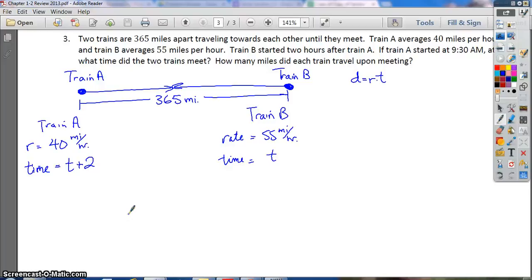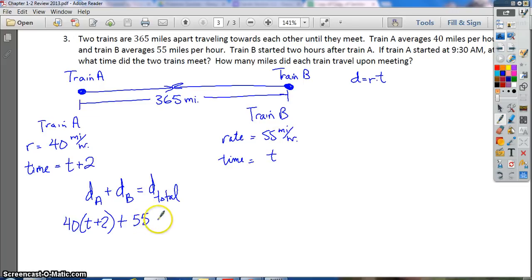Now, we know that the distance traveled by train A plus the distance traveled by train B should equal that total distance. So, distance traveled by train A would be 40 times t plus 2, plus the distance of train B, which is 55 times t. That will equal the total distance of 365 miles. Okay, so distribute your 40 in.